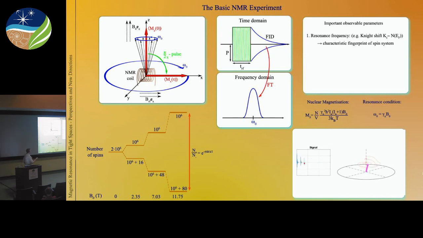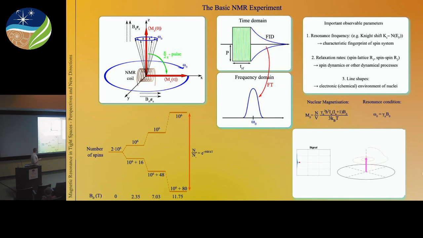For example, if we are looking at metallic systems, we measure the so-called Knight shift, which is a direct measure of the density of states of conduction electrons at the Fermi energy. On the other hand, we can also look at relaxation times, which give us an indication about the energy dissipation in the system. And of course, it's always a good idea to look at the overall line shapes, because especially in the case of quadrupolar nuclei, we can get a good idea about the electronic or chemical environment of a nucleus.